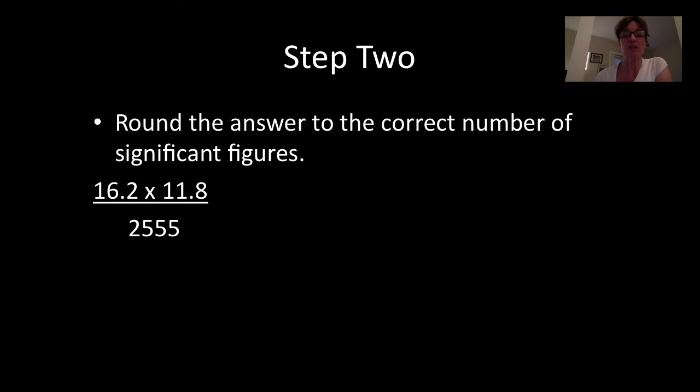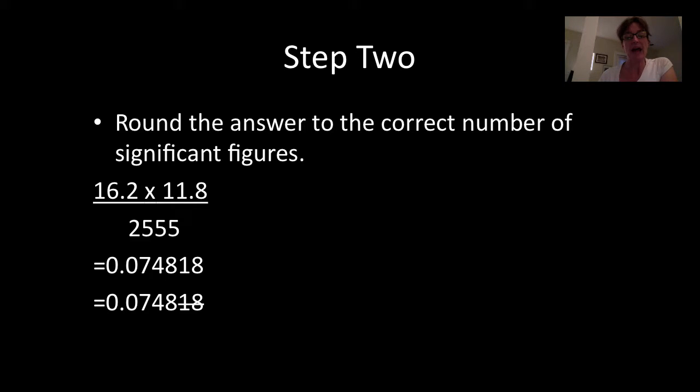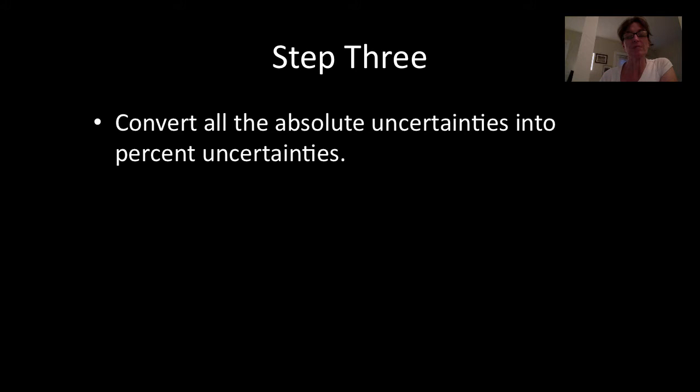So we're going to put the answer in 3 significant figures, which means I have in this answer 5, so I'm going to knock off the 2 last digits, and I'm going to check the digit next to the last digit that I'm keeping, which is 8. If that is a 5 or above, I'll round my 8 to 9, and if it is 4 or below, I'll leave it. And as you can see, it's a 1, so I'm going to round my number to 0.0748.